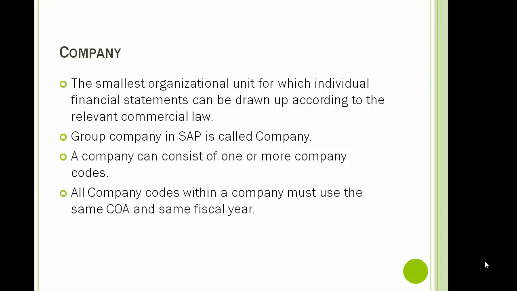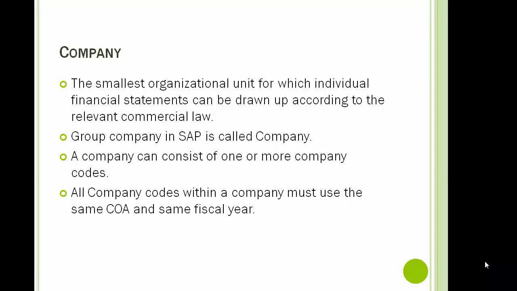a group has a number of legal entities within it. For example, Pepsi has more than 100 legal entities all around the world. All these entities, if taken under an umbrella, are termed as group companies, and in a single term we define that as a company in SAP.